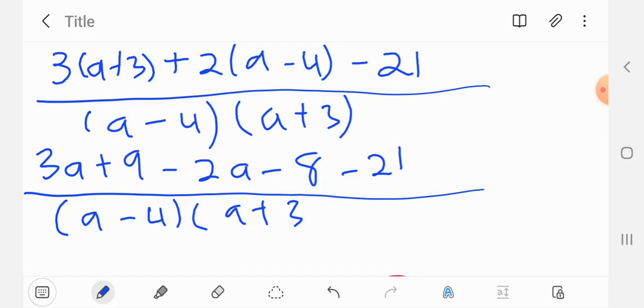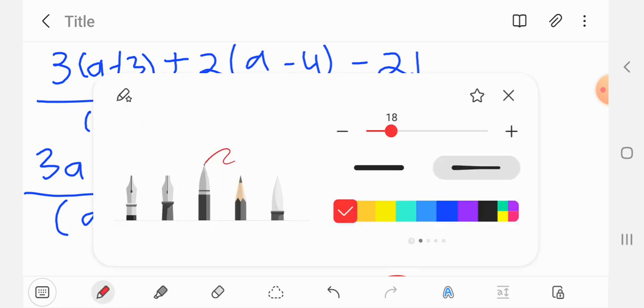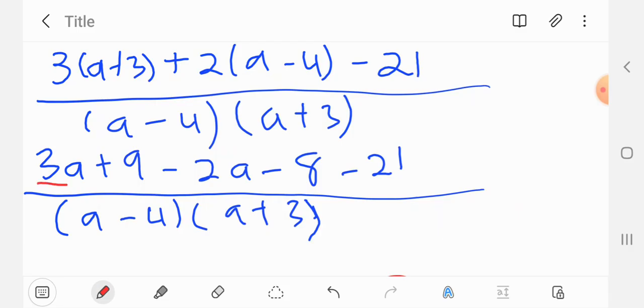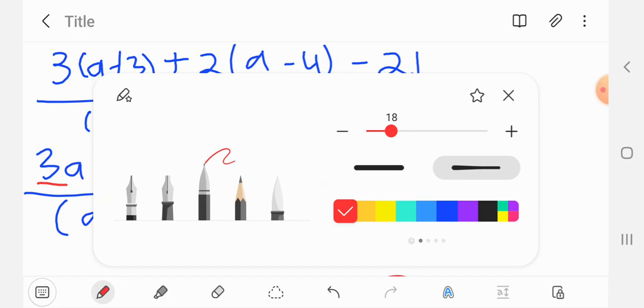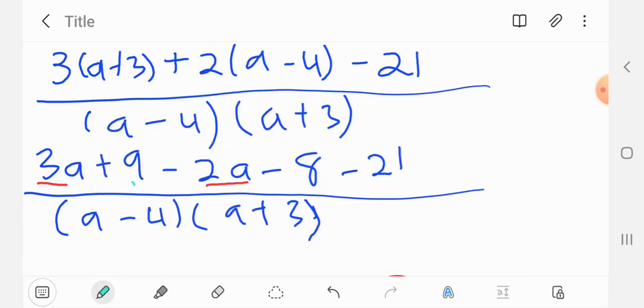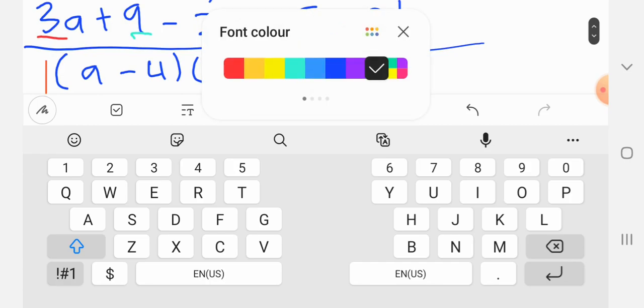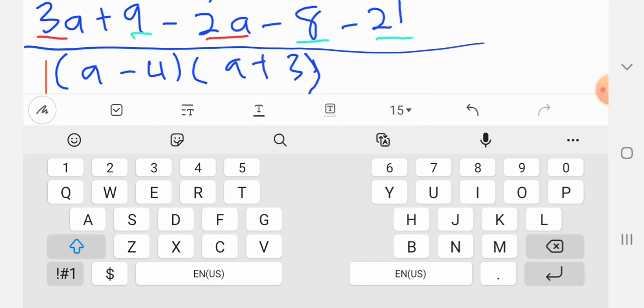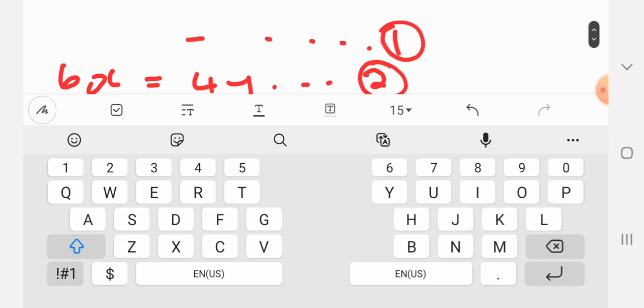Okay, and then the next step, the like terms that we can add together are 3a minus 2a. We can do that calculation. We can also say 9 minus 8 minus 21. So we'll just take it like that.